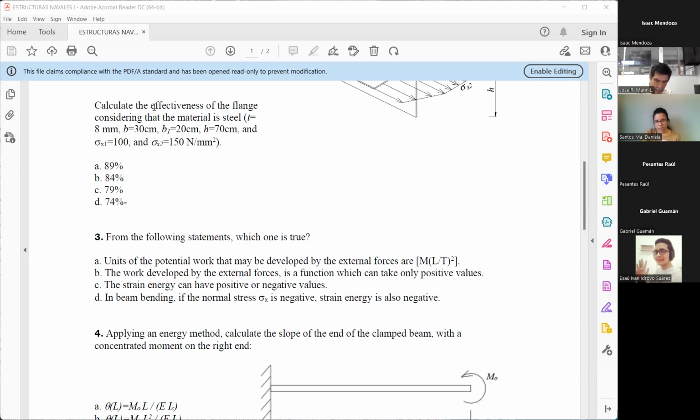It was a mistake. I saw the same as Pesantes in the exam. But the problem was that none of the options was correct, the others were definitely wrong. Yeah, because I confused it with the external force, so I didn't do well. Okay, I'll have it there, so I'll review it later.